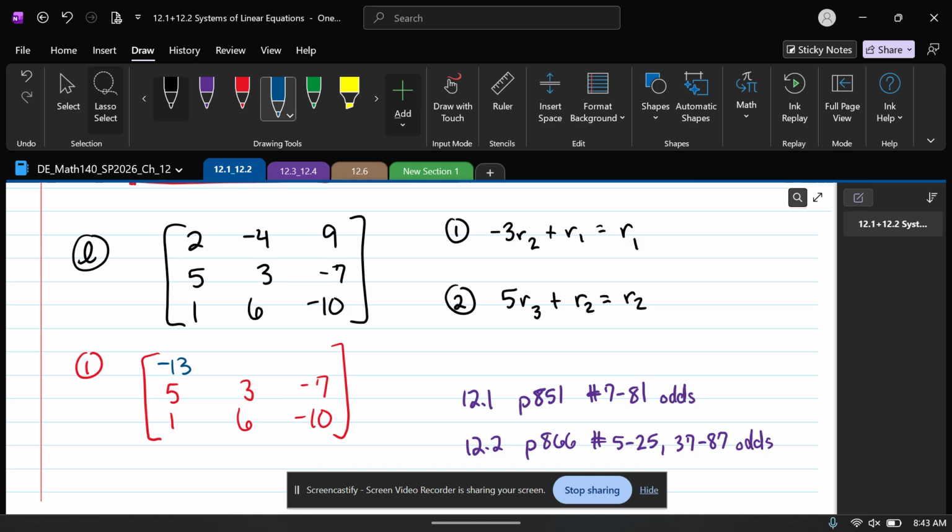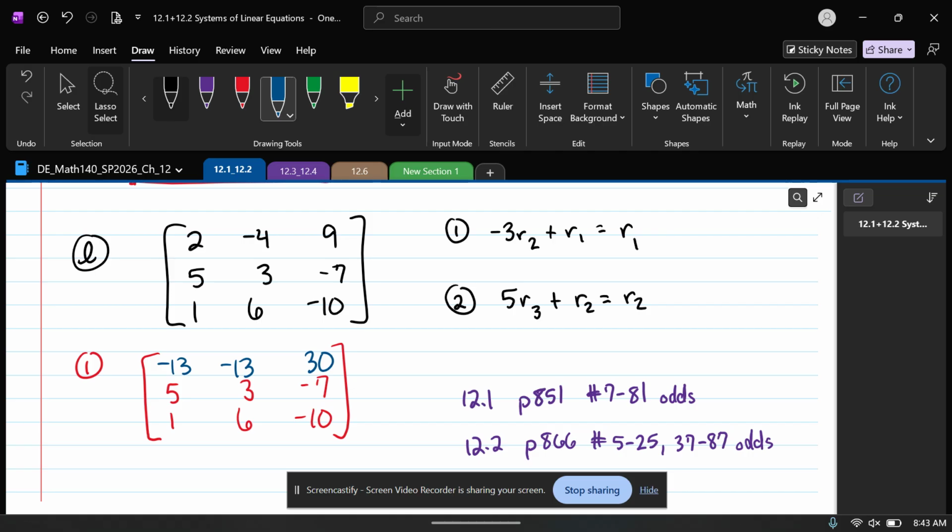And then negative 3 times 3, which would be negative 9, plus negative 4 is another negative 13. Then negative 3 times negative 7 is positive 21, plus 9 is 30. So row 1 is the only one that changed on row operation 1.